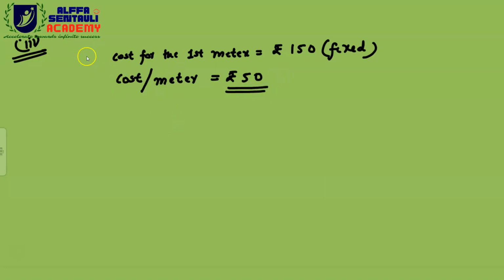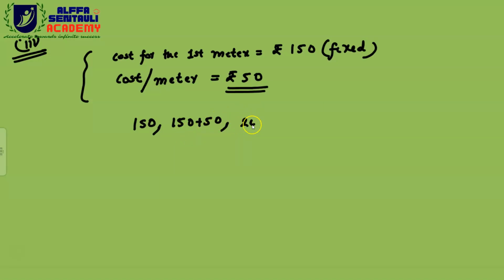So you can see clearly what this question is. Let's suppose the cost of digging for the first meter will be fixed at 150. Then the cost of digging for the second meter will be what beta? 150 for the first meter plus 50 for the second meter, that is 150 plus 50, correct? So this will become 200.